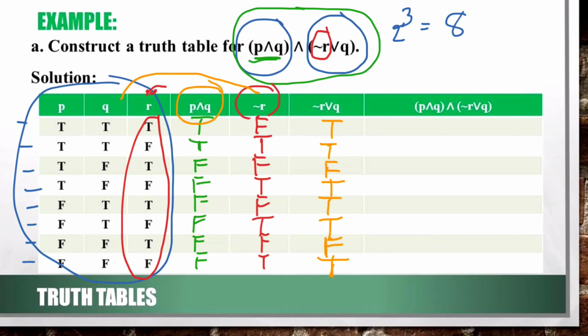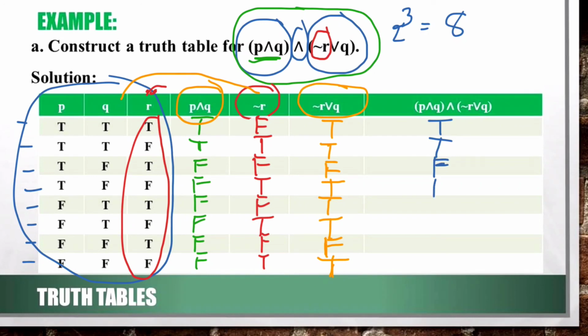Next, we have this combination. This one. And eto, meron na tayong mga dalawang compound statement. And then, gagamitan siya natin ng conjunction na and. Okay? So, P or Q and not R or Q. So, true and true, it is true. True and true, it is true. False and false, it is false.